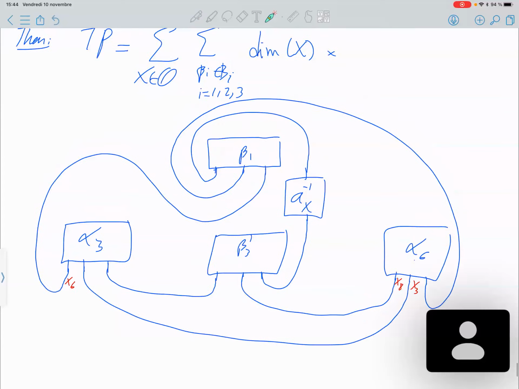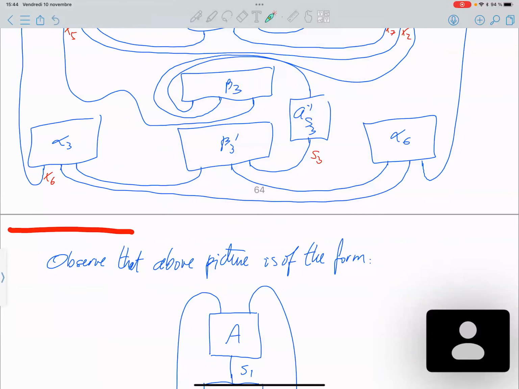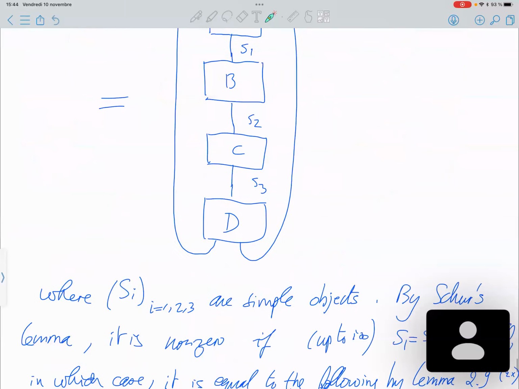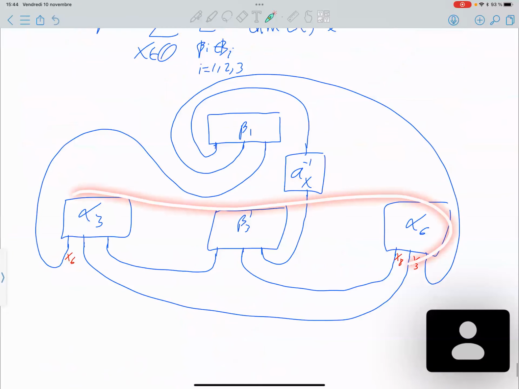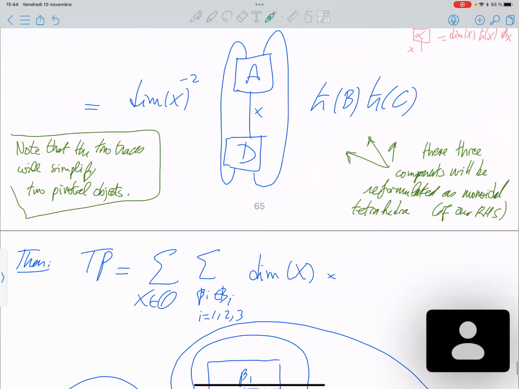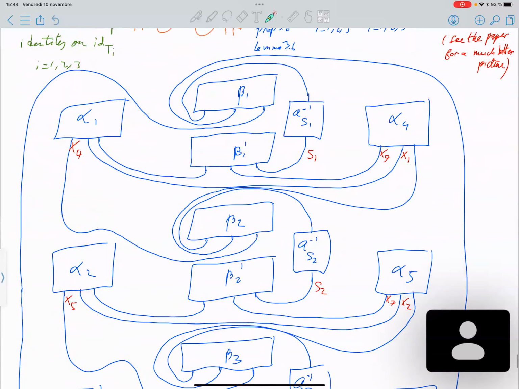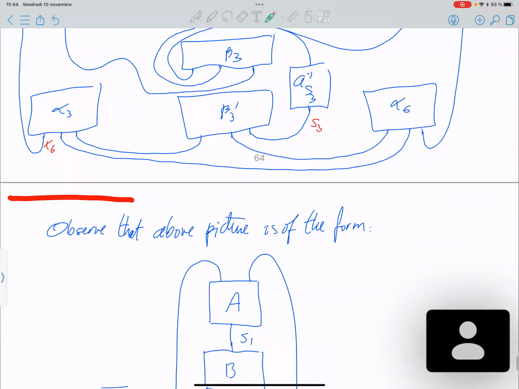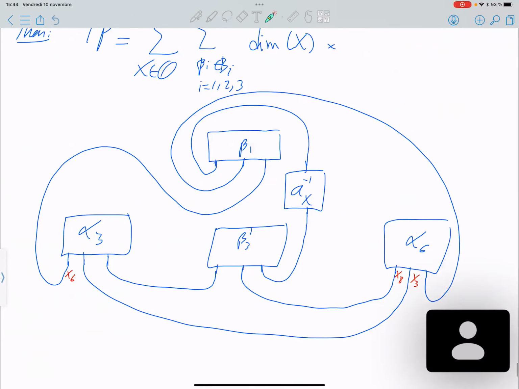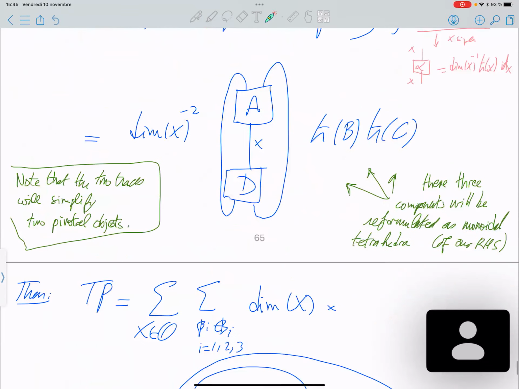Okay, so this is really what we have. In fact, we have these three parts: alpha 3, beta 3 prime, alpha 6, corresponding to D. And for A, we have beta 1 and that. So S1 equals X, so you have that directly. Okay. And you do the same for the two.